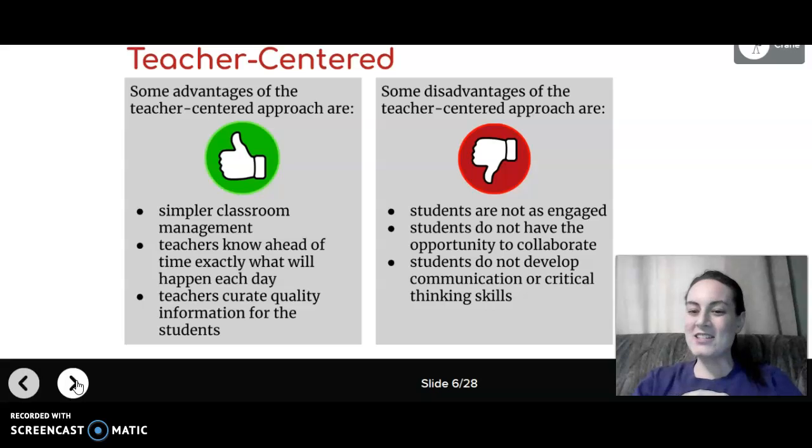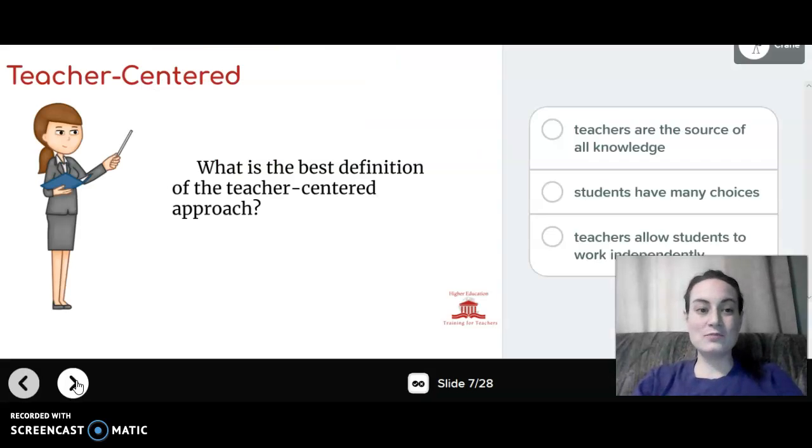Some disadvantages of the teacher-centered approach are students are not as engaged. They're kind of just sitting there listening to the teacher or watching the teacher. Students do not have the opportunity to collaborate, so they're not able to work together. Students do not develop communication or critical thinking skills as they are just sitting there listening or watching.